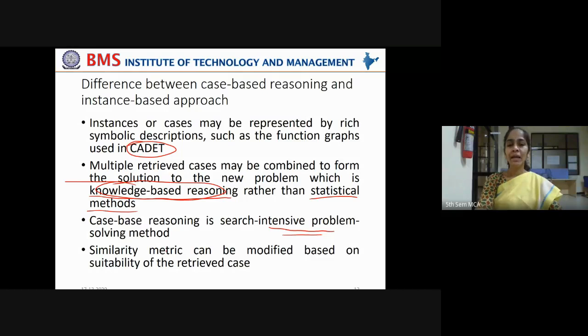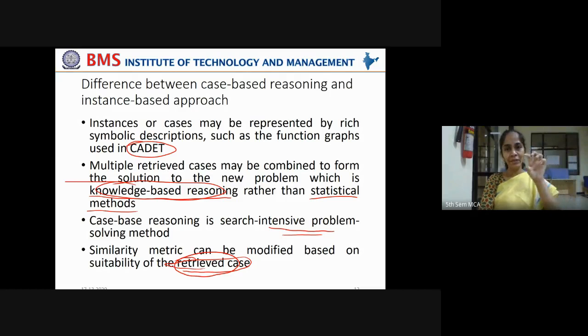Right? So the similarity metric can be modified based on the suitability of the retrieved case. Now, if at all you want to find a similarity between the existing problem solution and the current problem, in that case, the similarity metric can be modified based on the suitability of the retrieved case.